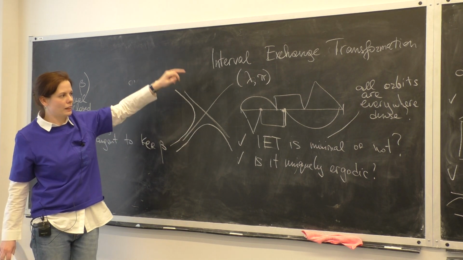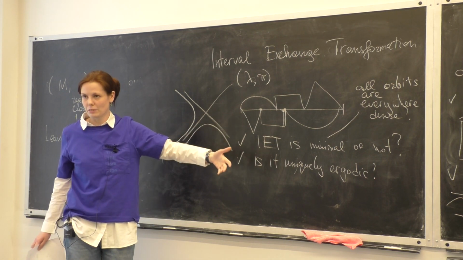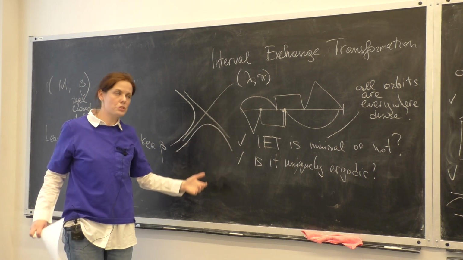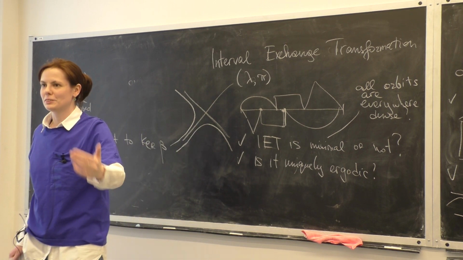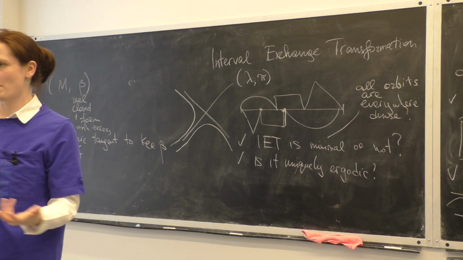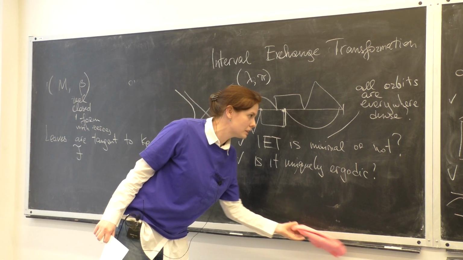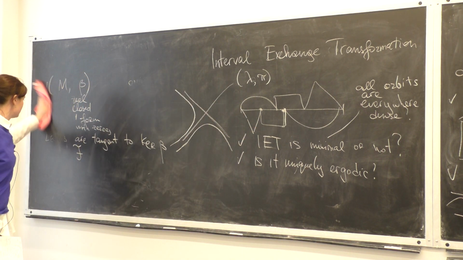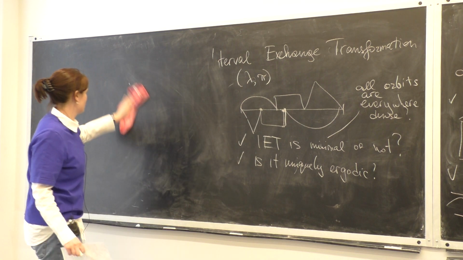One is, if we have a particular IET, is it minimal or not? Is it uniquely ergodic or not? And the other question is, is it true that almost all of them satisfy one of these conditions? Can we say something about the majority of interval exchange transformations? I will provide you the answer and then explain, quite inaccurately, the instrument that you can use to get it.